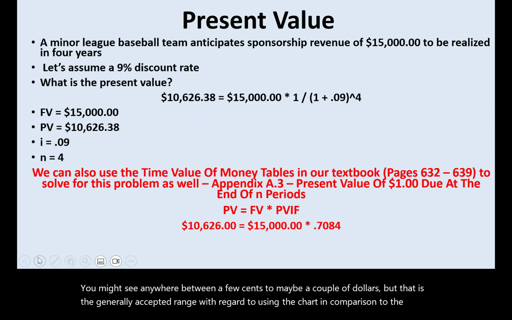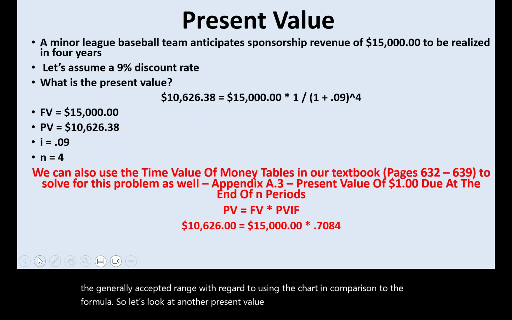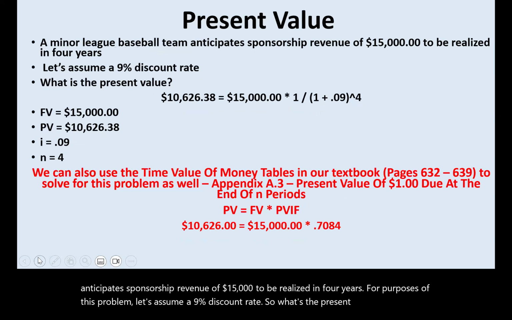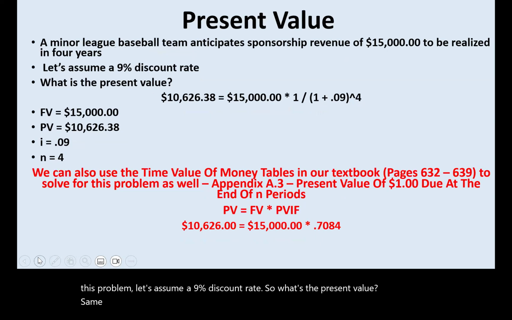So let's look at another present value problem. A minor league baseball team anticipates sponsorship revenue of $15,000 to be realized in 4 years. For purposes of this problem, let's assume a 9% discount rate. So what's the present value? Same thing. I like to diagram out the formula and the whole problem. So we know our number of periods is 4.